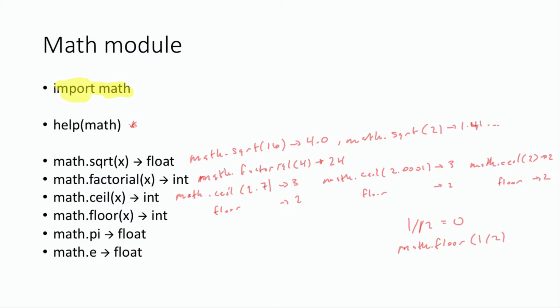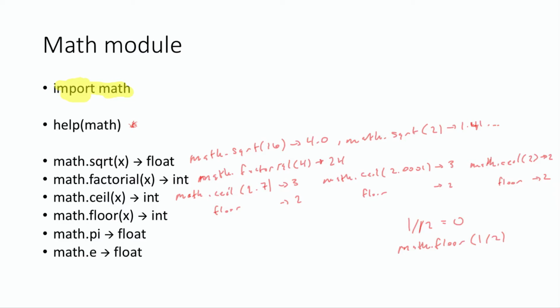Because 1 over 2 with regular division would give 0.5, and then the floor function would round it down to 0. So basically the integer divide operator will basically do regular division and math.floor. It won't actually do that, but you can sort of think about it as doing both of those steps together. So those two statements are equivalent, but the integer division is obviously much quicker to write.